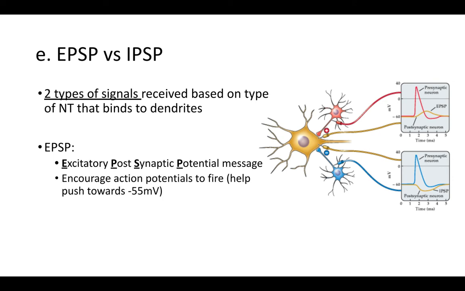So this will encourage action potentials to fire, helping to push the voltage of the membrane towards -55 so that the all or none principle takes over. All those sodium gates open, sodium rushes in, and the action potential moves down the neuron. So ultimately, EPSPs, the kinds of neurotransmitters that are excitatory, open sodium channels and really perpetuate everything that we talked about in class.